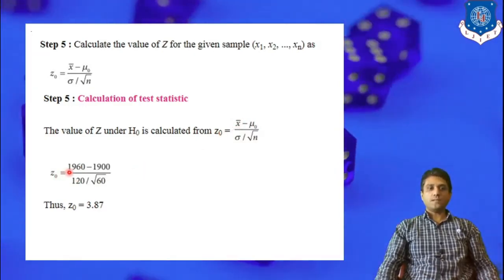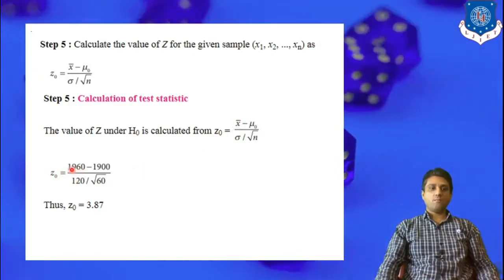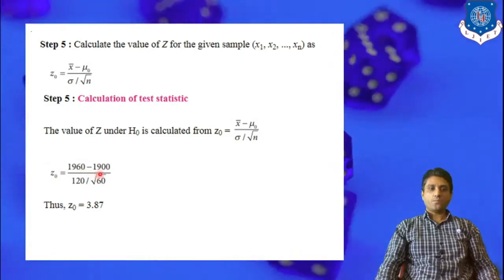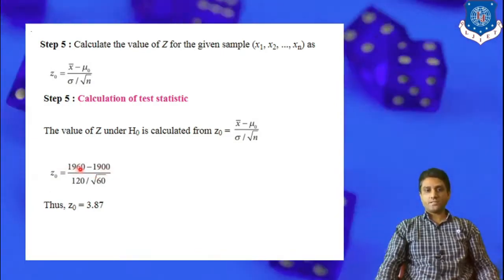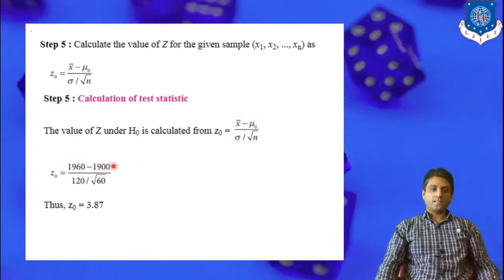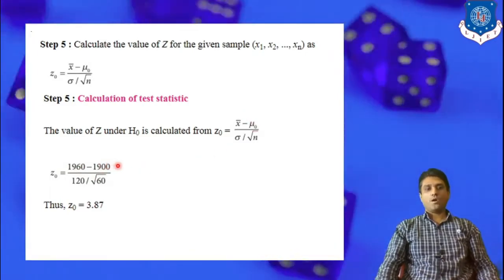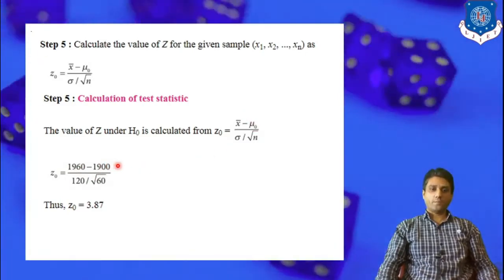It is observed that the mean, the average breaking strength of the cable, is increased to 1960 instead of 1900. Mu 0 is the mean for each and every cable on average.